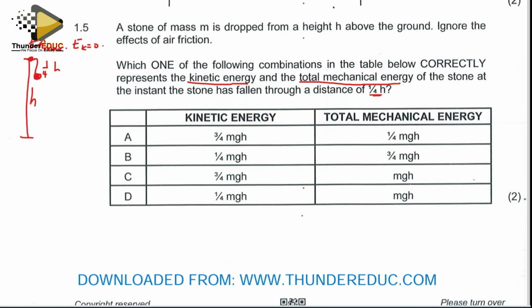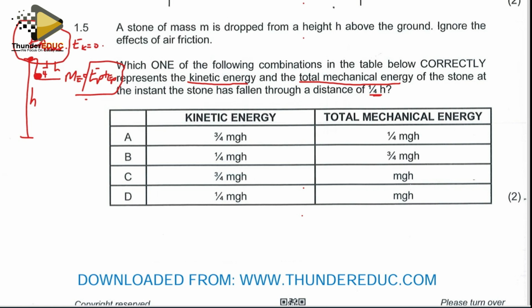And then at the height of a quarter h, the stone is going to have what we call mechanical energy, which is a combination of both the EK and the EP. Okay? But from the law of conservation of energy, we know that energy can neither be created nor lost. So the EP max at this height should be equal to the mechanical energy at this point.